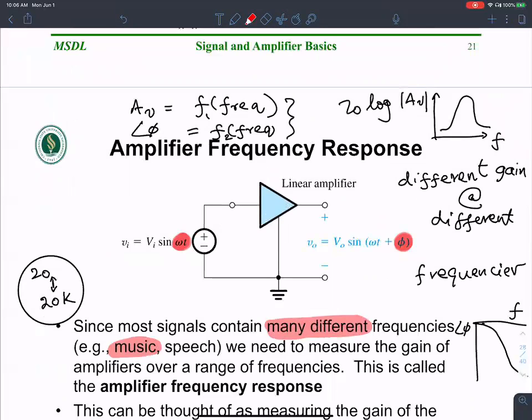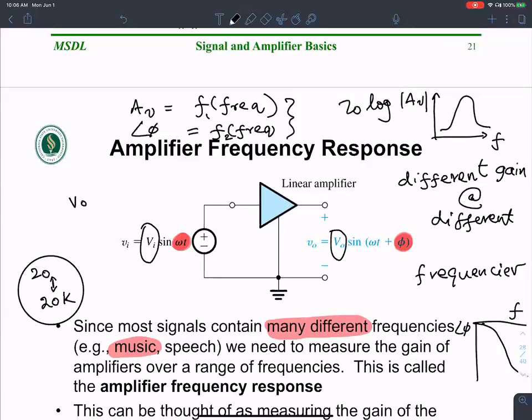Then we talked about the amplifier frequency response. The two things that we want to remember is there is a gain between what we apply and what we see on the output. So the input amplitude and the output amplitude are different.